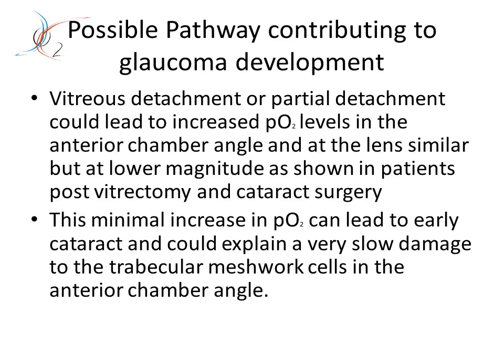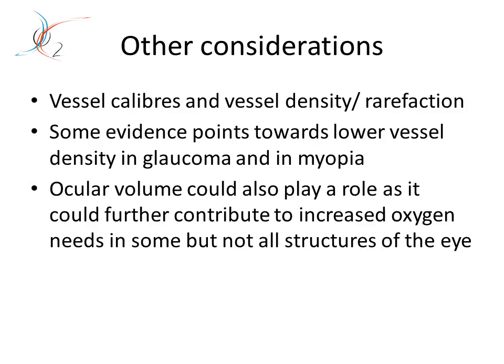Similar to patients where you remove the lens and the vitreous, this leads to an increased PO2 level in the anterior chamber angle and has a negative effect on the trabecular meshwork cells. Therefore, in a very slow way, it contributes to the damage and possibly to glaucomatous development.